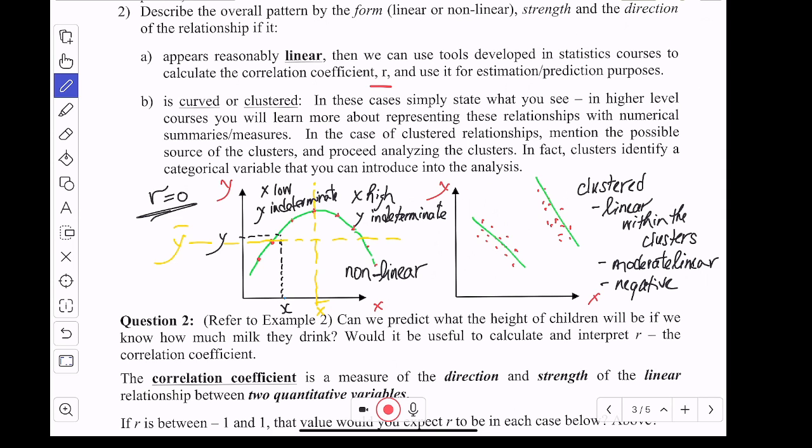Well, this could be a phenomenon where the relationship is the same between x and y, notice, because it's negative. However, between the two groups, this group is lower in x and this is higher in x. So I use an example in the notes.